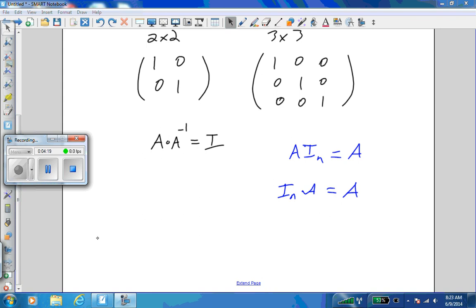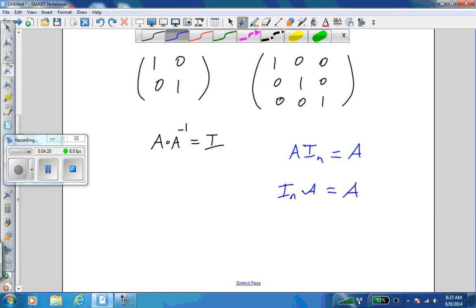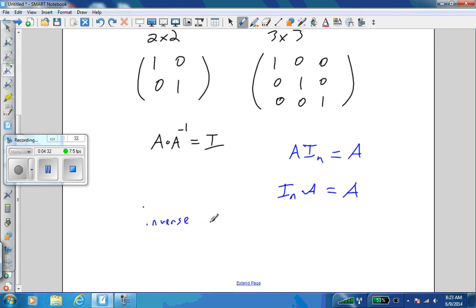Now the book mentions a few theorems. One thing they say is that if a matrix has an inverse, if it's invertible, then the inverse is unique. There are not multiple inverses for any given matrix. So there's only one inverse for a single matrix.